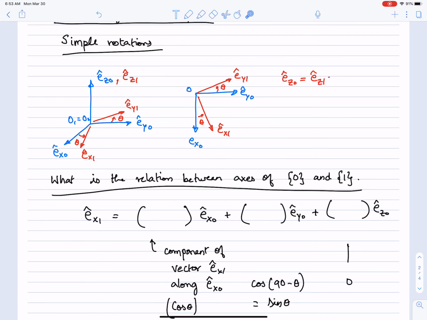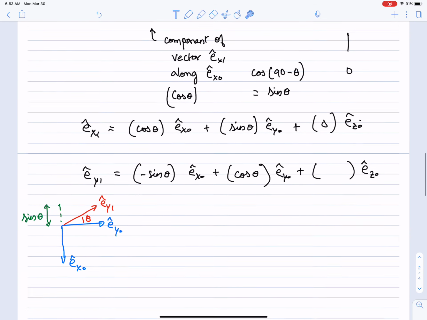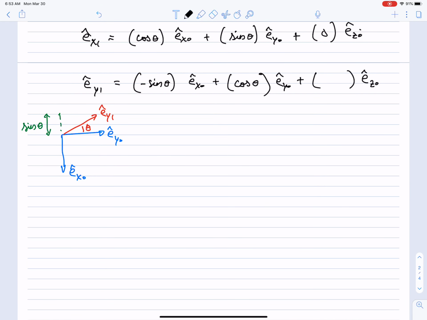We can write a similar expression for EZ1 as well. We have EZ1 equals something times EX0 plus something times EY0 plus something times EZ0.